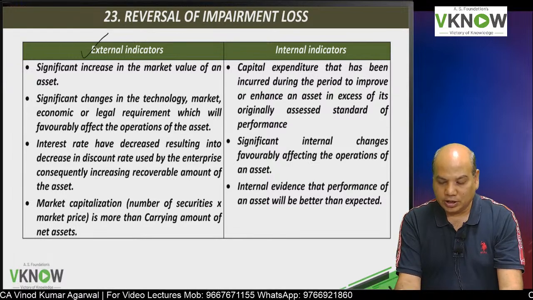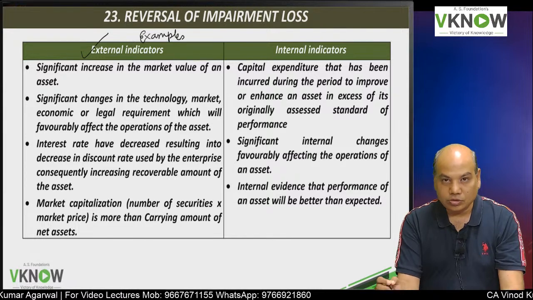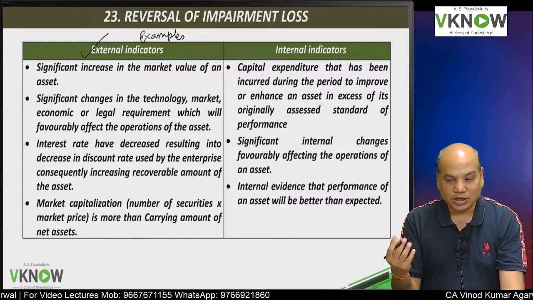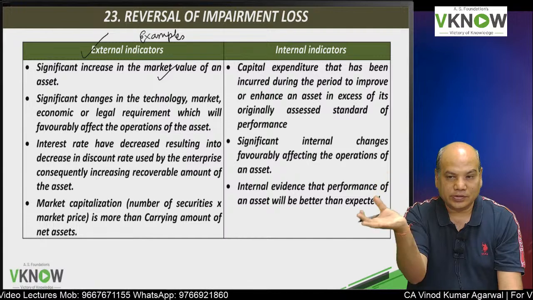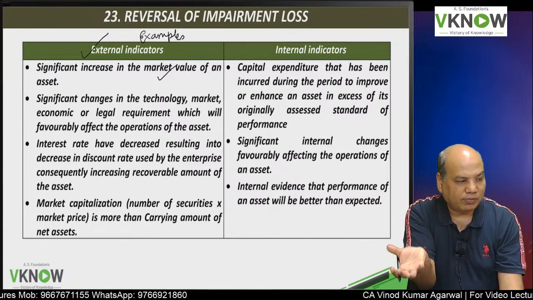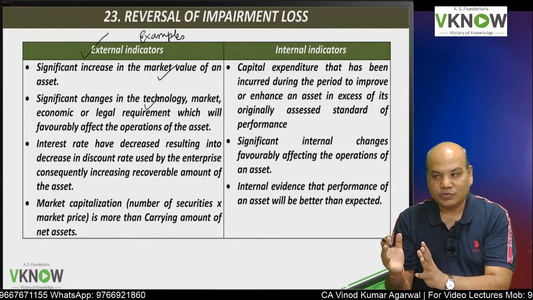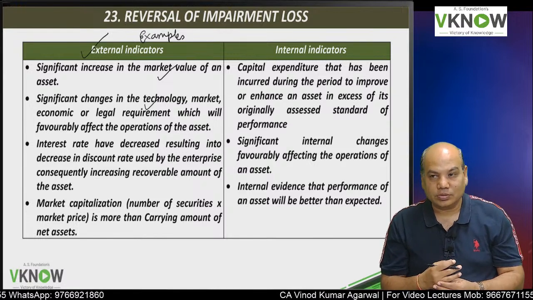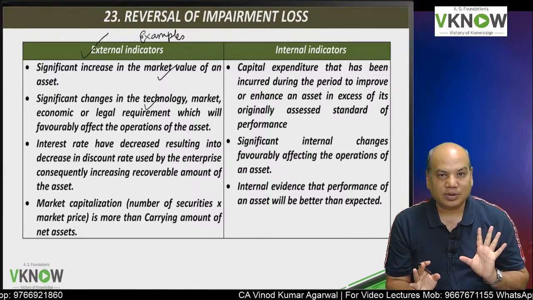Examples of external indicators. These are examples; this list is not exhaustive, you can have any other indication also. One is the market value has increased. Example, I gave you building. Many buildings have found that their values have increased. Secondly, positive changes in technology. You have upgraded the technology so that it now matches the current market requirement.